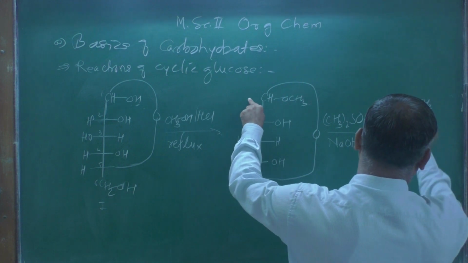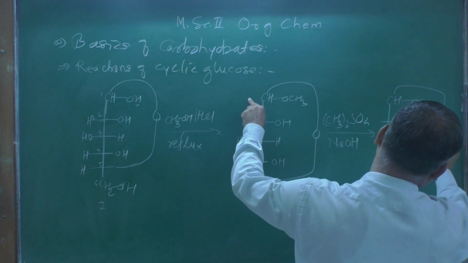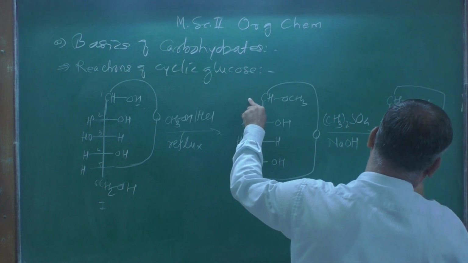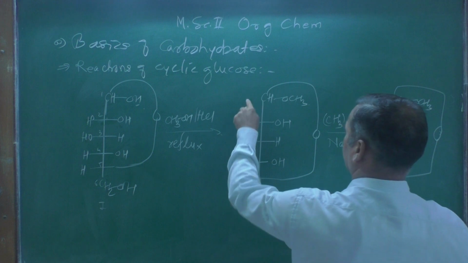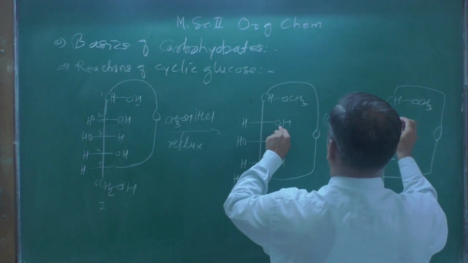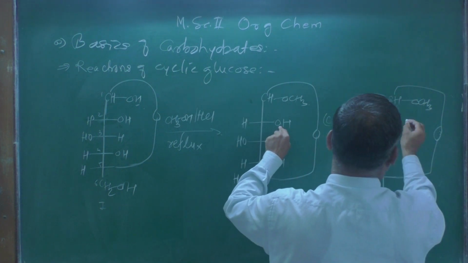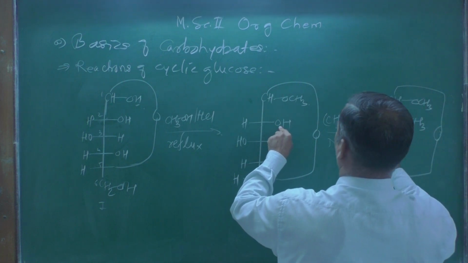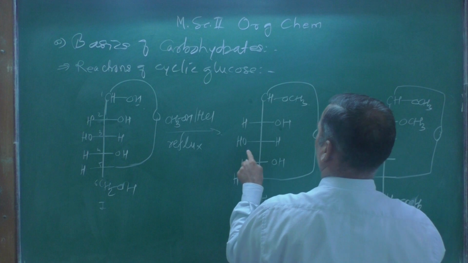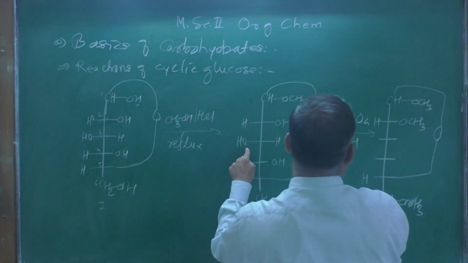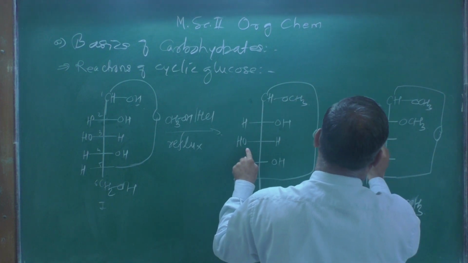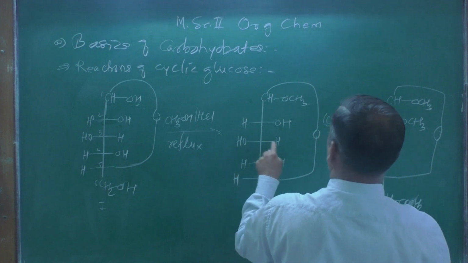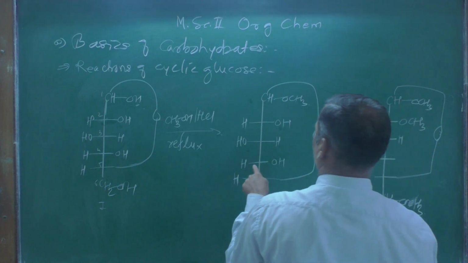And now this ring once again remains as it is. Here is a hydrogen atom. Now look at this side: the hydroxy group, with oxygen, and instead of the hydrogen you put a methyl group. The rest of the thing remains as it is.